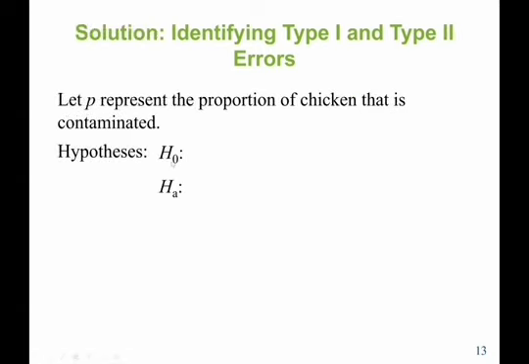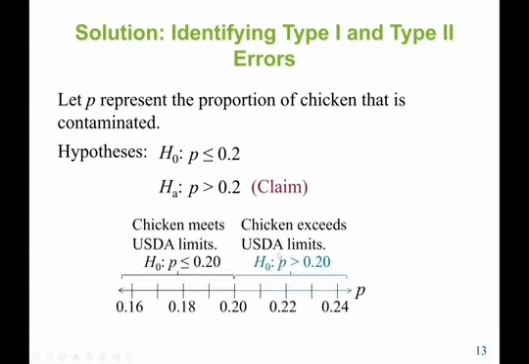First of all, let's get our H0 and HA statements. Let p represent the proportion of chicken that is contaminated. They say greater than 20%, so p is greater than 0.2. Then H0 is p less than or equal to 0.2, which is 20%. If the chicken meets the USDA limit, p is less than or equal to 0.20.